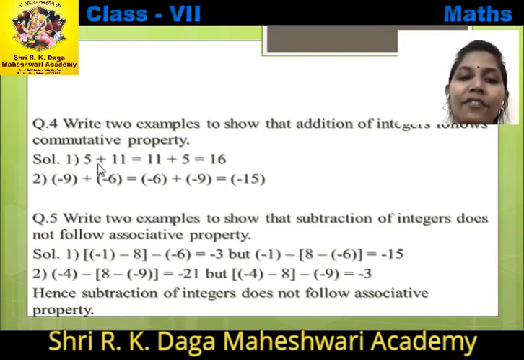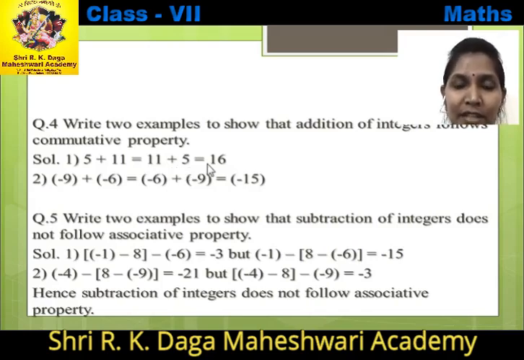Here I have written 5 plus 11 equal to 11 plus 5. The value of both is the same, that is 16. In the same way, in the next example, I have taken two values, minus 9 plus minus 6, for a and b.